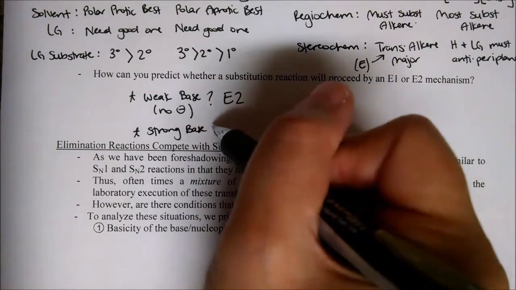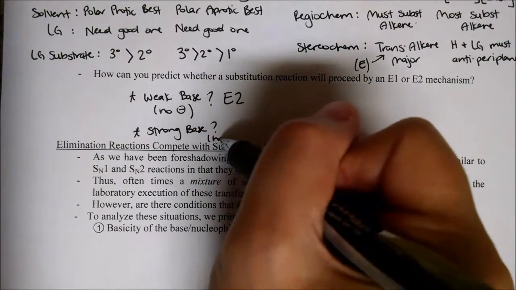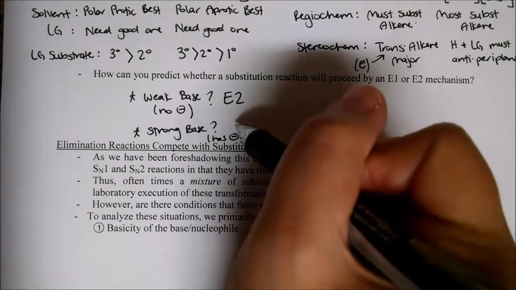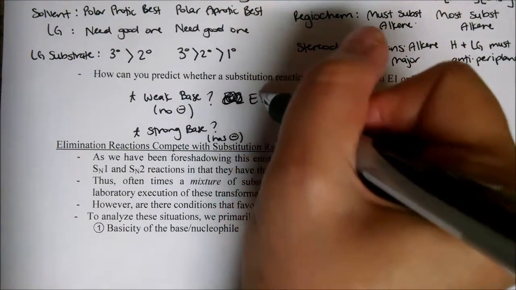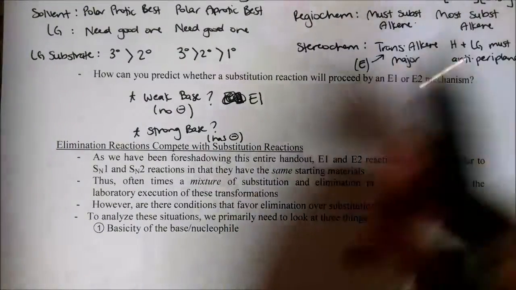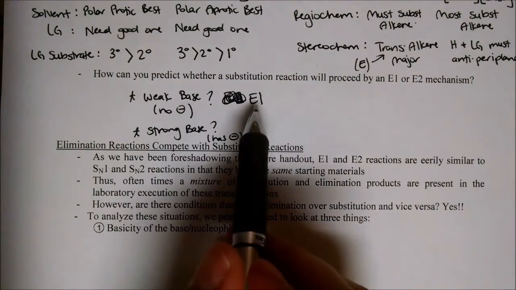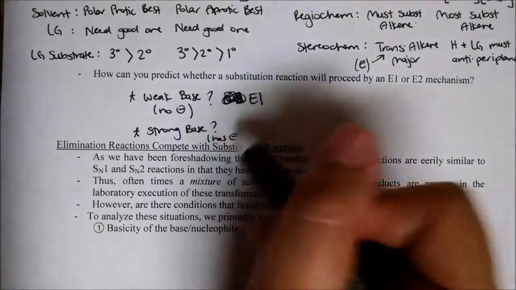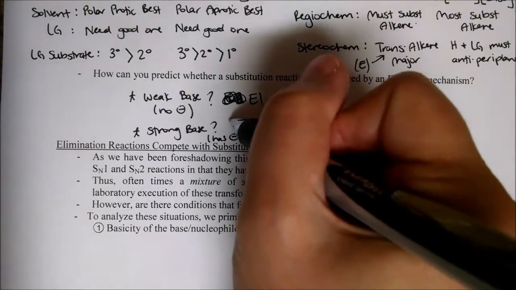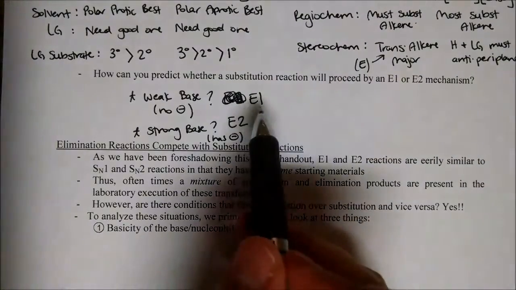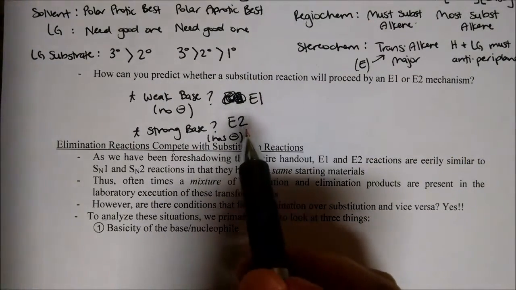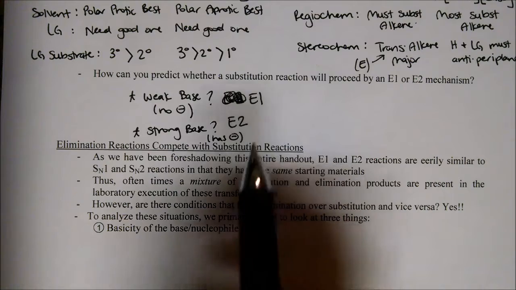Strong base, as in it has a minus charge. Sorry. If it's a weak base, it's going to be E1. Because if it's strong, it has that nice bare minus charge, full-blown negative charge, we're going to do the E2. Whereas if it's E1, it's not going to be strong enough, and so we form the carbocation first.